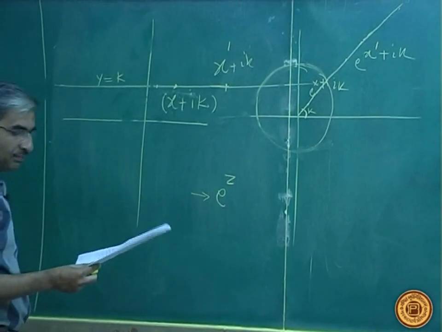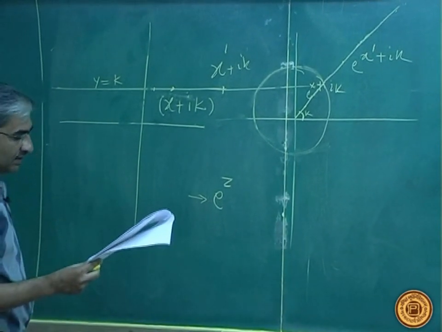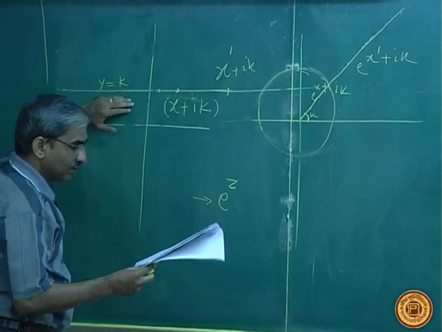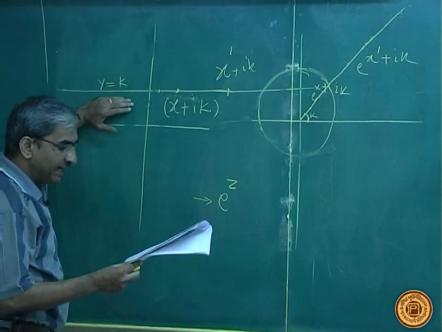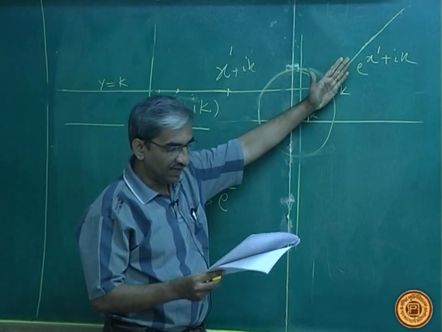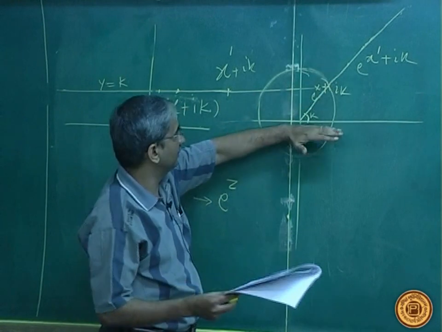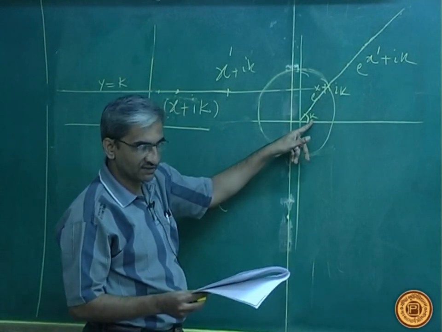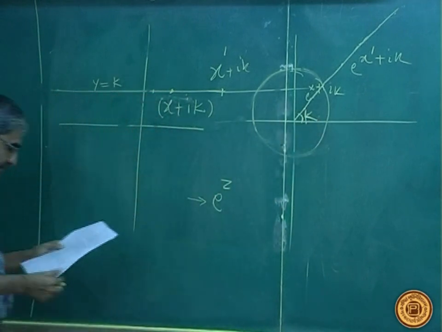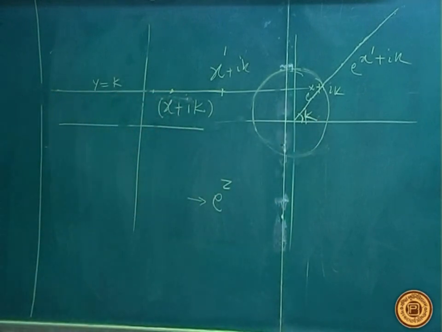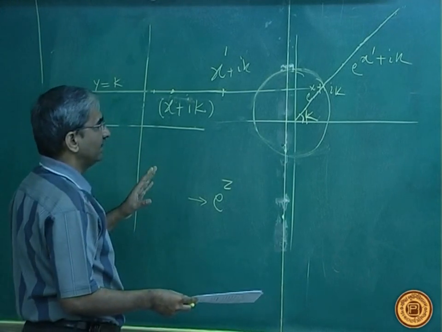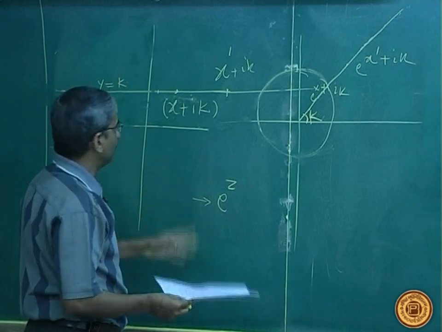It maps a line parallel to x-axis, say y is equal to k, onto the ray emanating from the origin, making angle k radians with the positive x-axis. So this is the geometry of the mapping e to the power z.